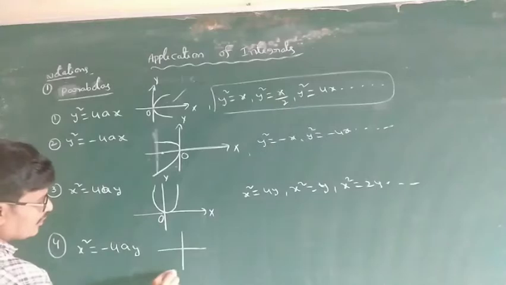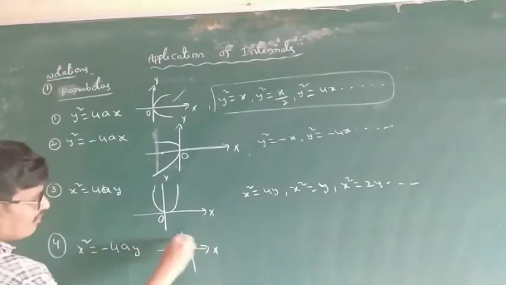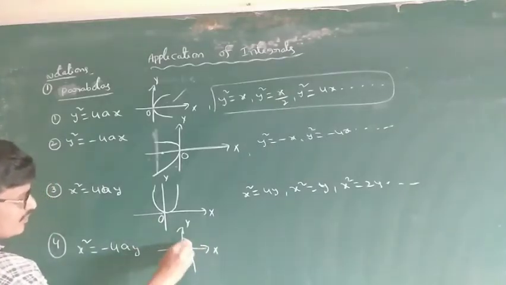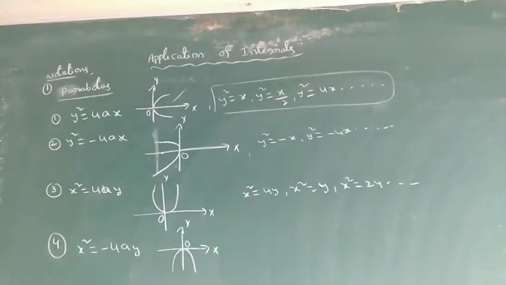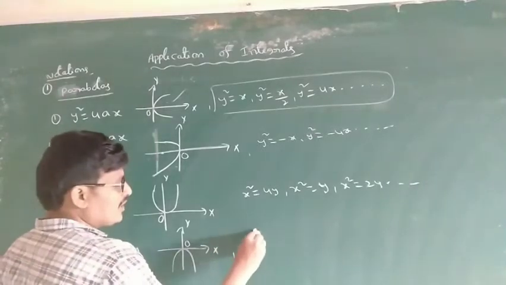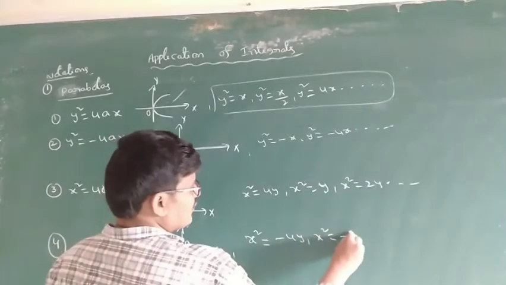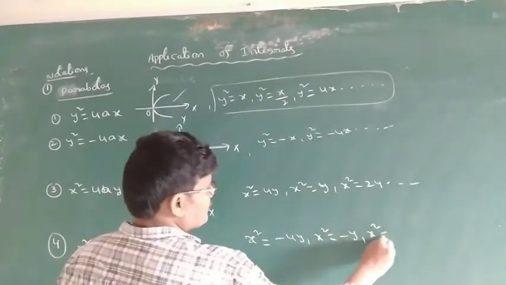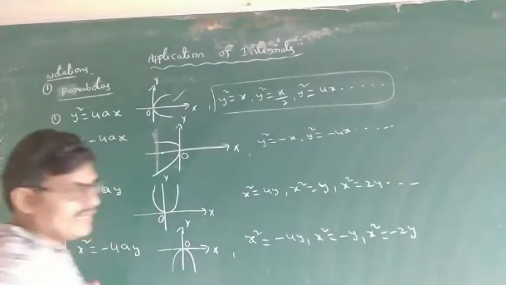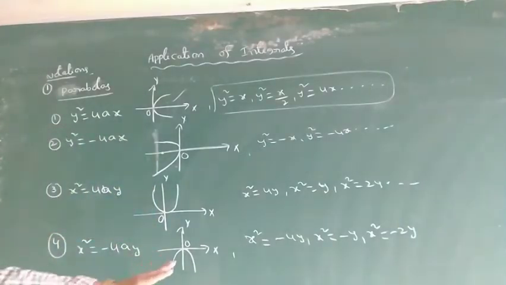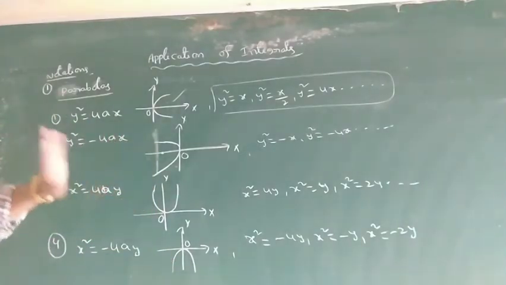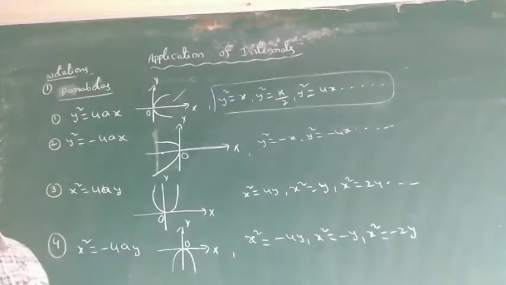This is the downside. This is along the y-axis. So these examples are x square is equal to minus 4y, x square is equal to minus y, x square is equal to minus 2y. These are all examples, same curve. Left to right, up to down.